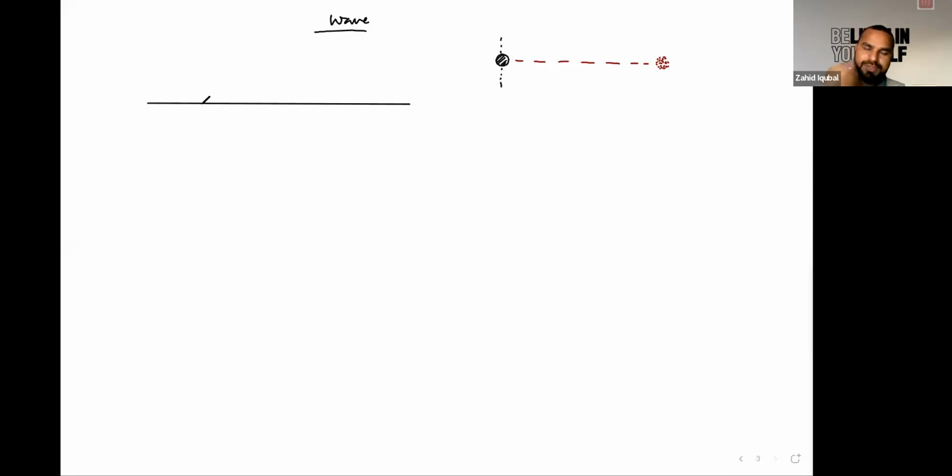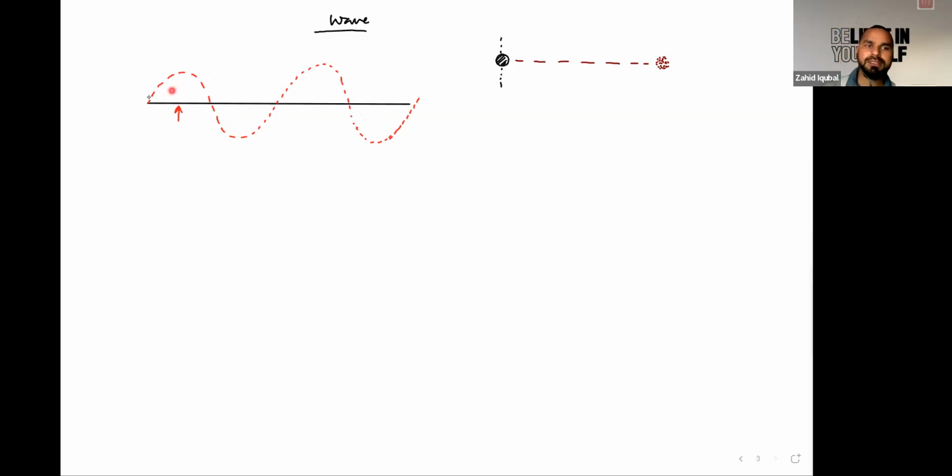If you hit this string at any one point, let's say along this direction, a disturbance will be created like this, which may propagate along this medium like this. So this is the disturbance created on this string by hitting or giving it some energy along this direction.